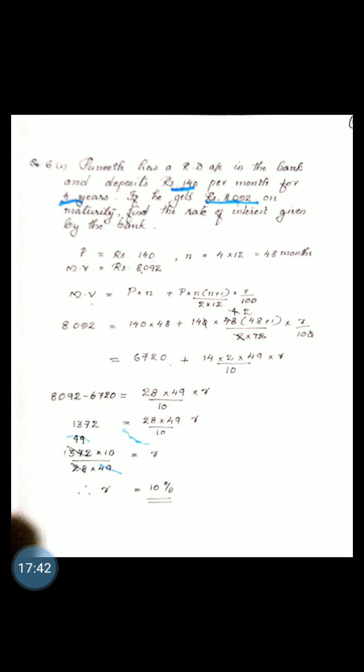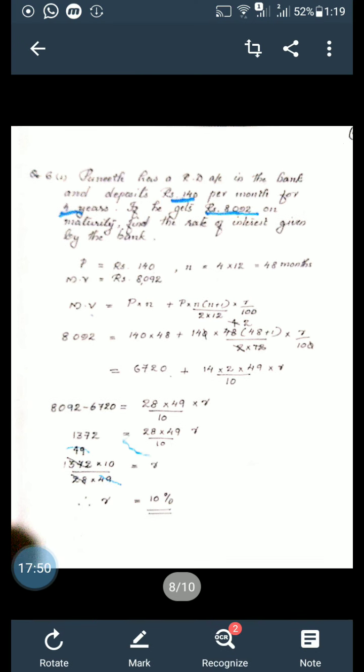We want to find R, so you can transpose 28 into 49 by 10 to the left side. You will get R is equal to 1,372 into 10 divided by 28 into 49.